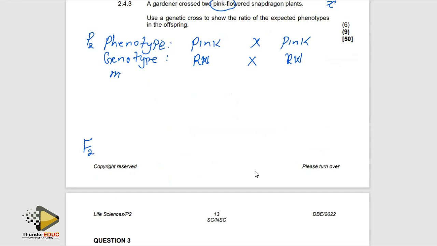So you write the word meiosis. So under meiosis, you form the gametes: capital R, capital W here, and capital R, capital W here. We call these gametes.